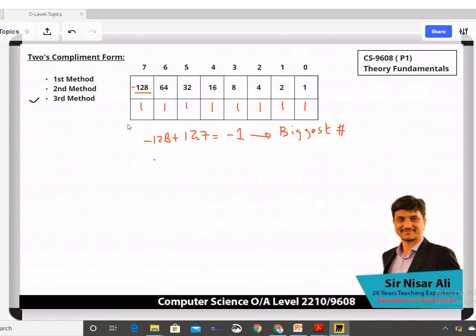And the third case is that if we turn on the first digit and turn off all the other digits, which number will we get here? All other digits are off. It gives us the smallest negative number.